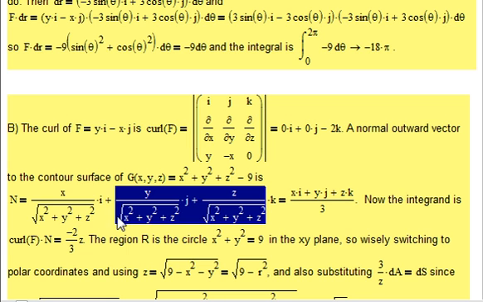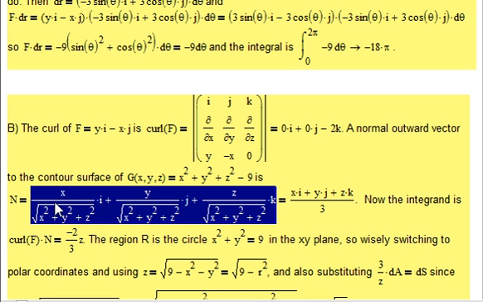this is our normal vector, here's the whole thing. But you're thinking, well golly, that's complicated. It's not so complicated, because the square root of x squared plus y squared plus z squared equals 3, remember? It's a sphere of radius 9, so the square root of 9 is 3, so duh, okay?